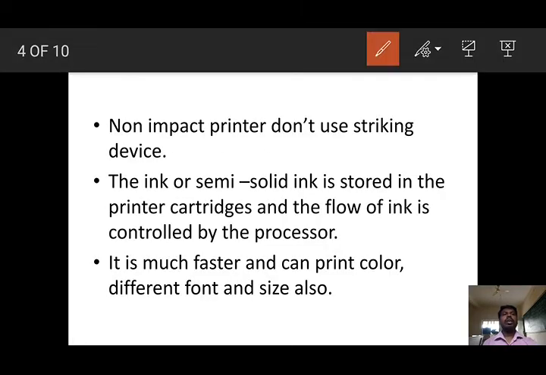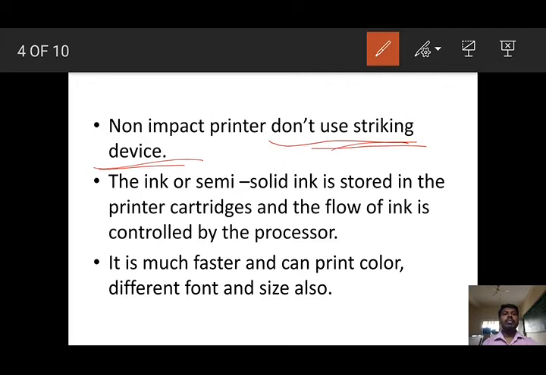First, non-impact printer. Dear students, we know that in impact printer there is a striking device against inked ribbon. But here in non-impact printer does not use striking device.